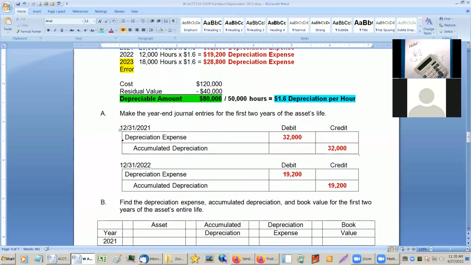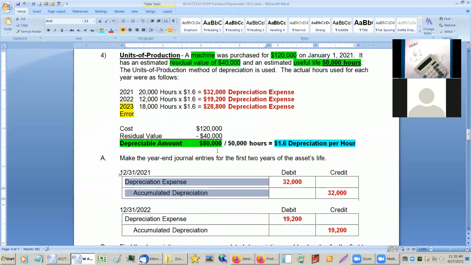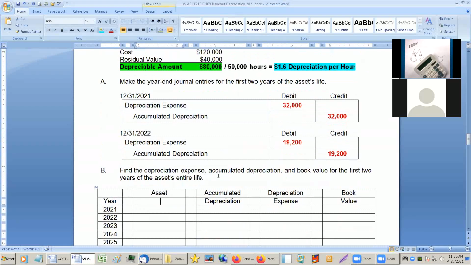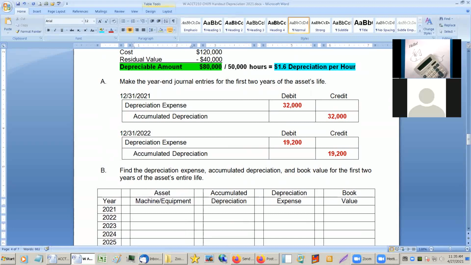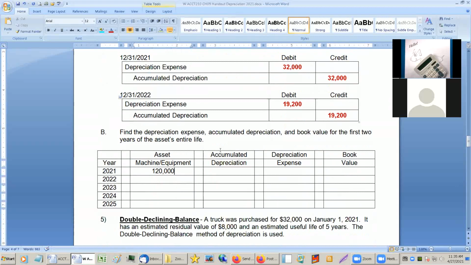Again, the depreciation must be, those are the same every year, same thing. Okay, so this asset was a machine, could also be called equipment. $20,000. And that's gonna be the same every year.